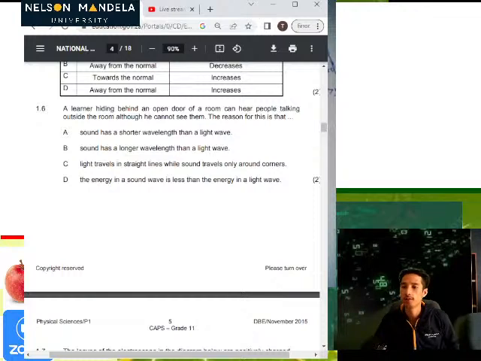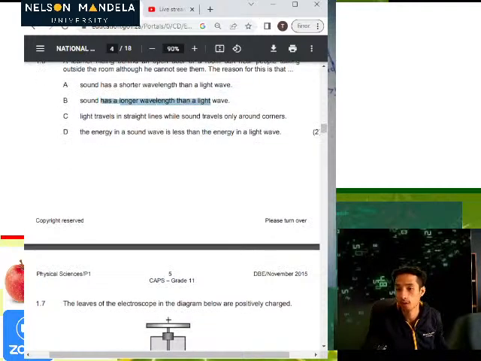A light wave in the electromagnetic spectrum occurs in the visible spectrum, which is between approximately 400 nanometers and 700 nanometers. So we know that A is false. Sound has a longer wavelength than a light wave, as just discussed.